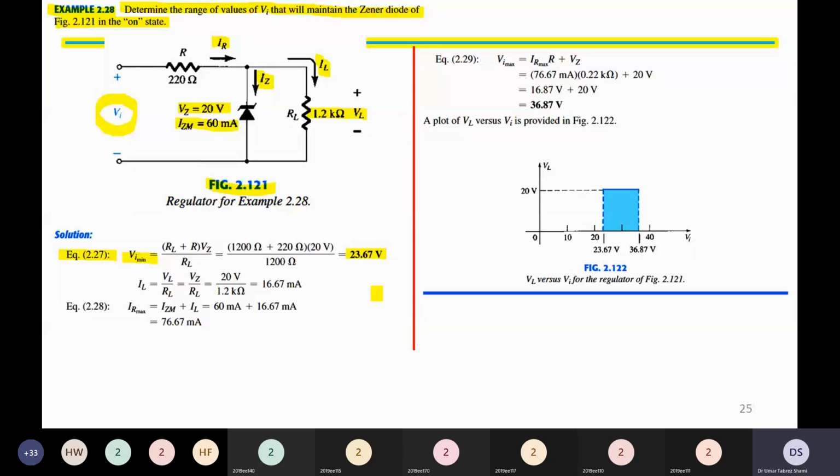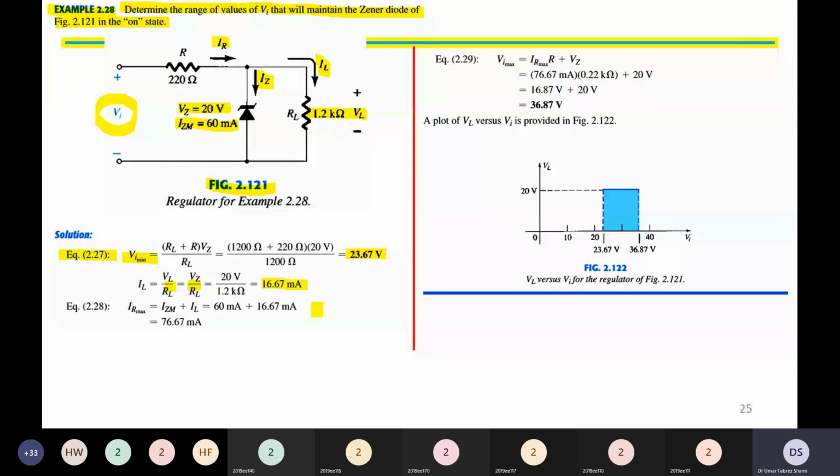And the current IL under such circumstances is VL divided by RL, which is equal to Vz divided by RL, equal to 16.67 milliampere.